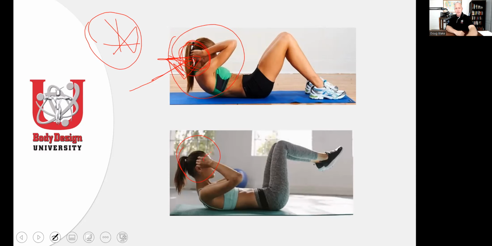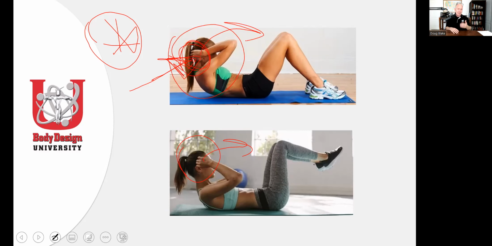Remember, it's the pulling that puts the stress on the cervical extensors in particular. So in abdominal crunches or any other abdominal exercise movement where you have to have the chin tucked forward slightly, do so without pulling the head forward.